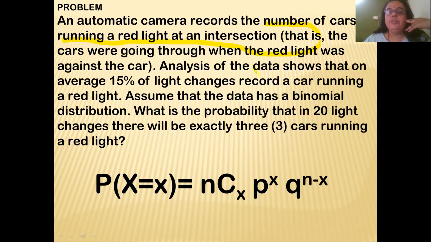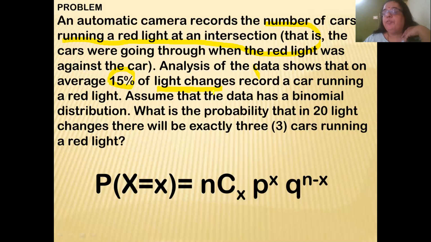Analysis of the data shows that on average, 15% of light changes record a car running a red light. That is from yellow light to red light, or green light to yellow light to red light. That is called the light change.